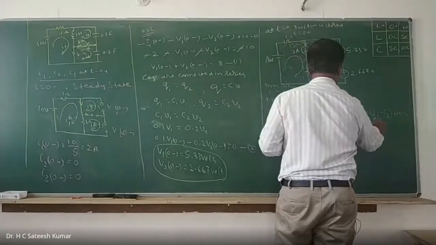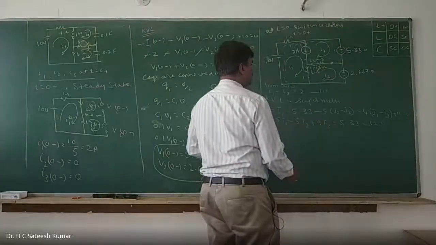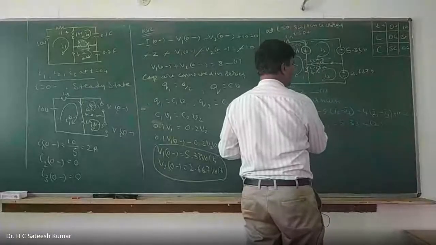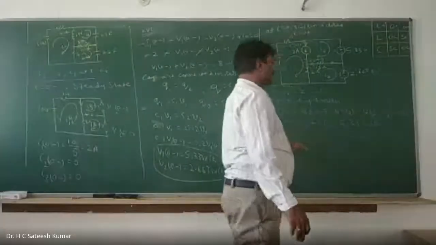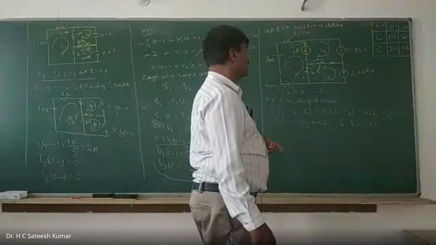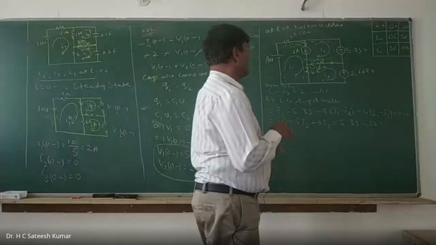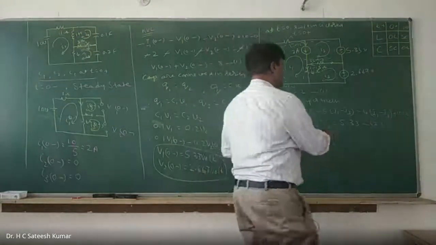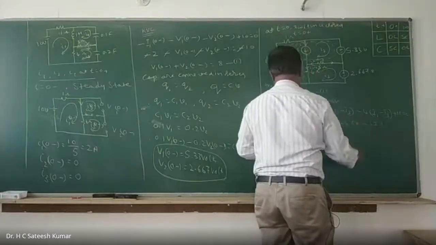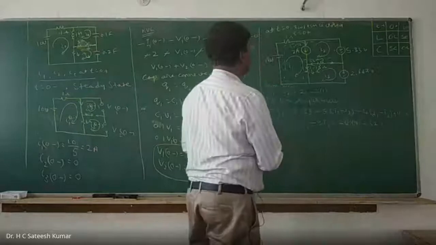Call this equation number 2. Oh, sorry, this is minus 5.33 plus 10, that is 4.67, and transferring to the right hand side, minus 4.67. Okay, right.